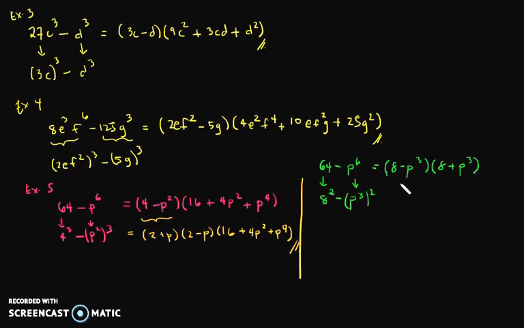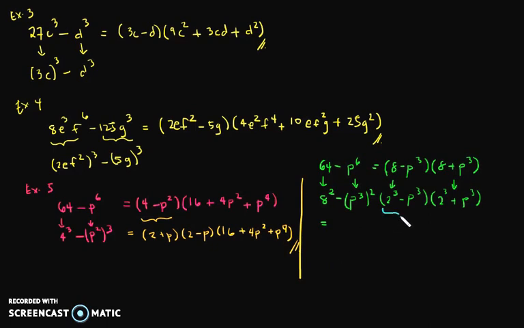Okay. But then since I will have now the difference of two cubes and the sum of two cubes, I will express this as 2 cubed minus p cubed. Then the other one is again 2 cubed plus p cubed. So using the formula for sum and difference of two cubes, we have for this expression, so let me change my color.